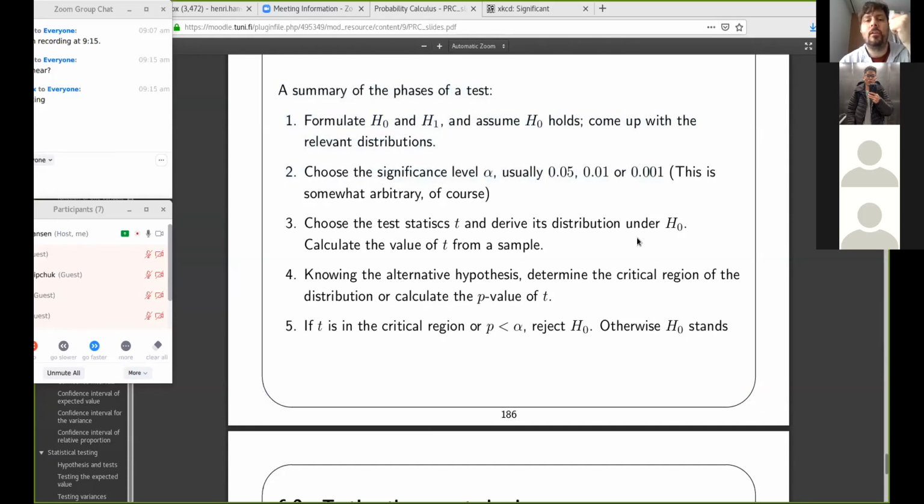This probability denotes the probability that you get a result like this even though the null hypothesis is true. And if you set this to a very small value, then you have a very small probability of accepting the alternative hypothesis even though the null hypothesis is true.